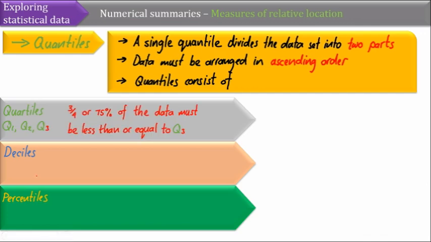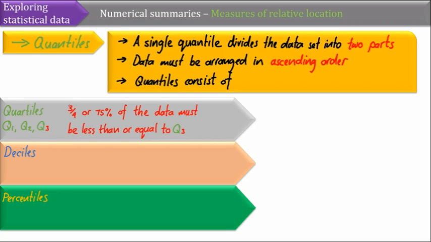Right, now quartiles divide our data set up. How does it divide it? Well, into quarters, like the name says. The third quartile, as I've indicated here, means that 3/4 of the data, or 75% of the data, must be less than or equal to this Q3 value. So obviously if we're looking at Q2, then it means that 2/4 of the data must be less than or equal to Q2.